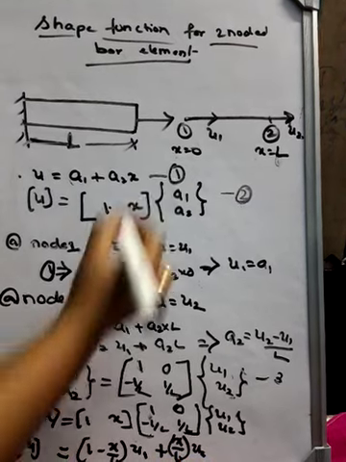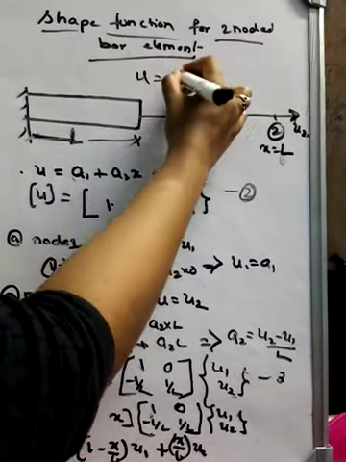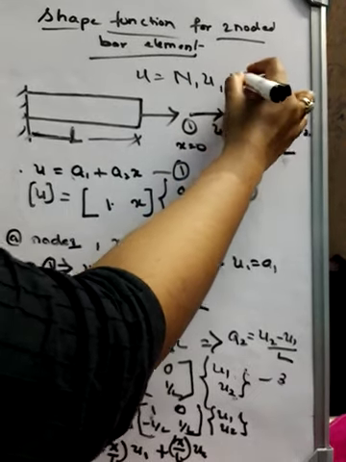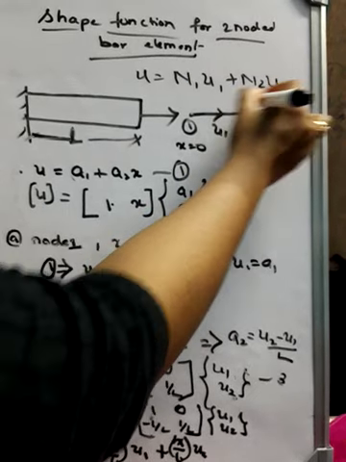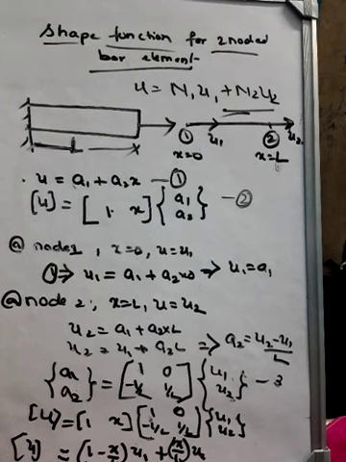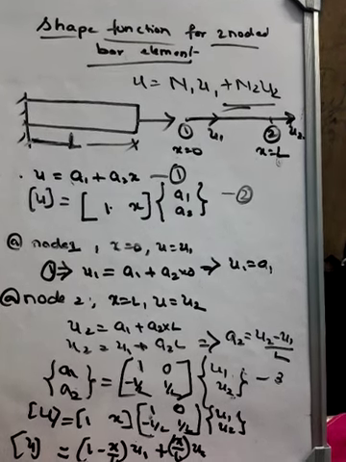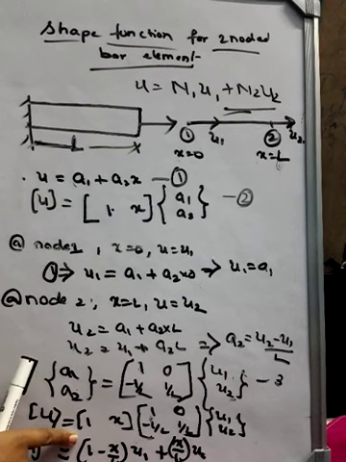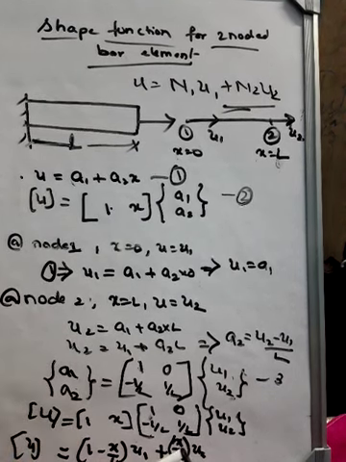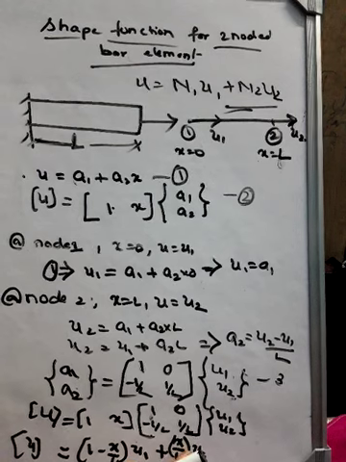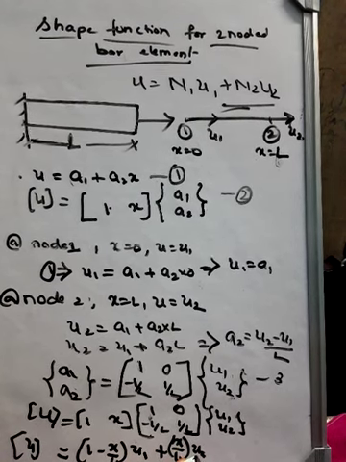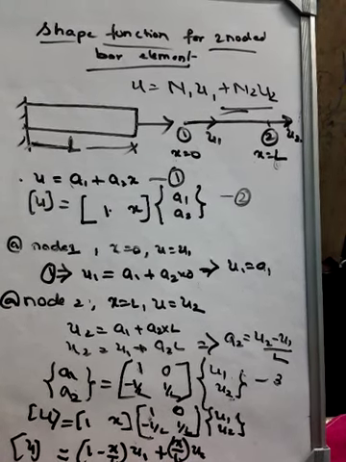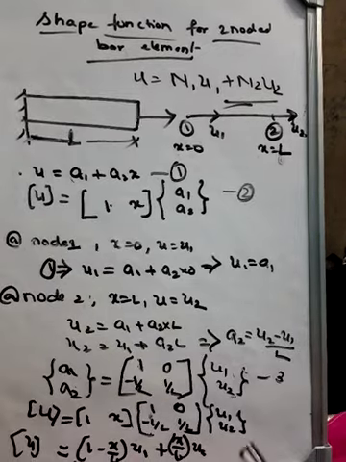Okay. We know that u is equal to n1 u1 plus n2 u2. So you compare this with this, and you will get n1 is equal to 1 minus x by L and n2 is equal to x by L. Okay. So this shape function is in the Cartesian coordinate.